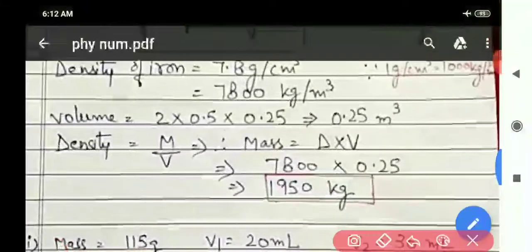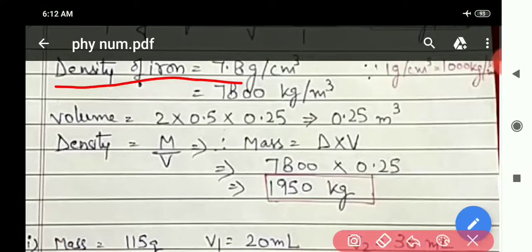See, density of iron is 7.8 gram per centimeter cube, and we know that 1 gram per centimeter cube equals 1000 kg per meter cube. So density of iron can be written as 7800 kg per meter cube. Volume 2 into 0.5 into 0.25, and after multiplying we get 0.25 meter cube.